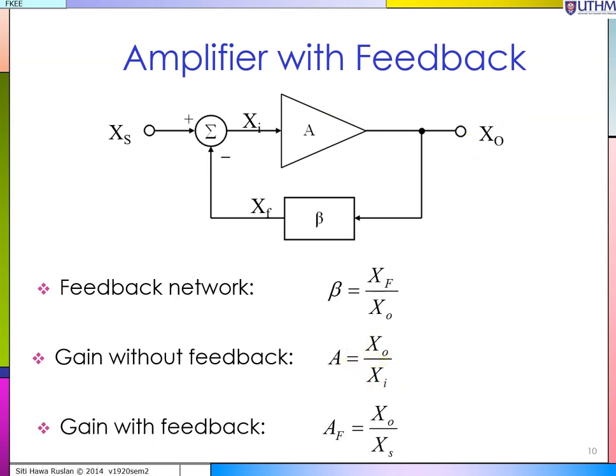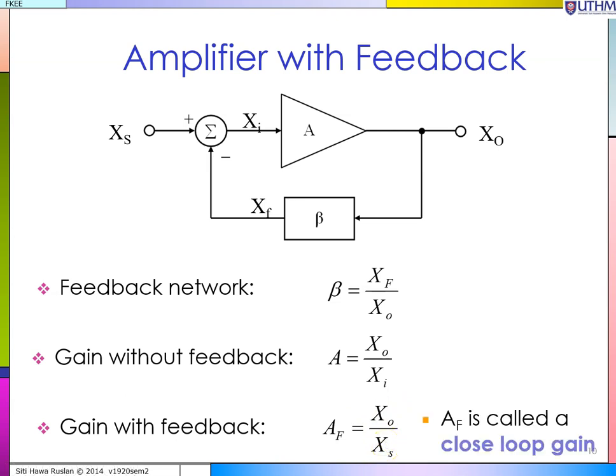This is without feedback. With feedback, you have to find XO with respect to the source signal XS, so it must count the effect of the feedback network. We call it AF, defined as XO over XS.